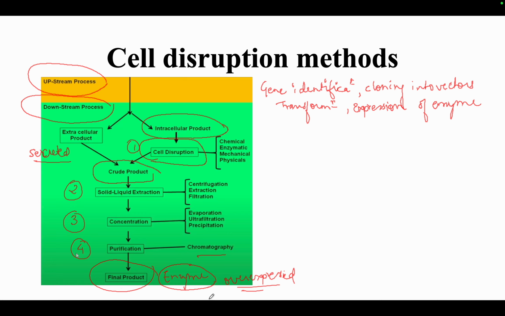And then we can do further applications, whatever application we want, with that enzyme. So these are the overall steps which we follow. First we'll begin with cellular disruption methods. As you can see, there are different types of disruption methods: chemical, enzymatic, mechanical, and physical.